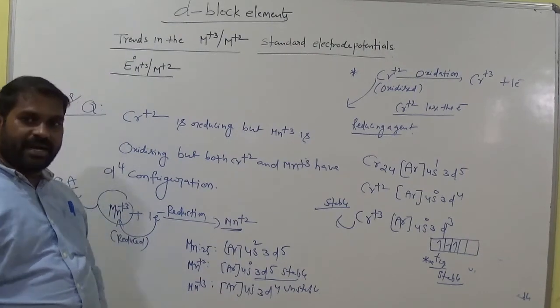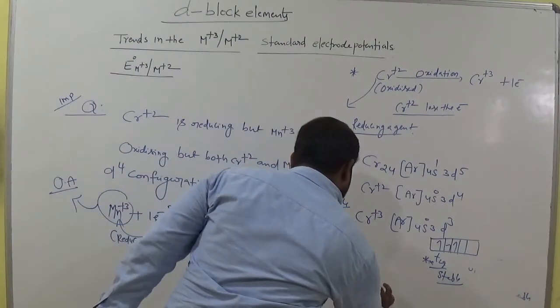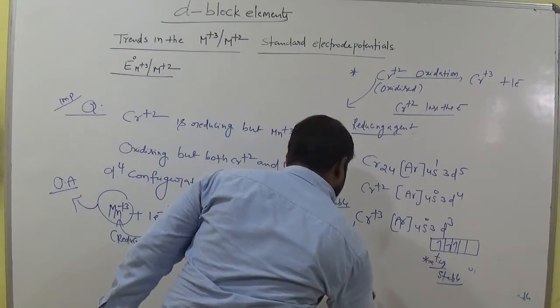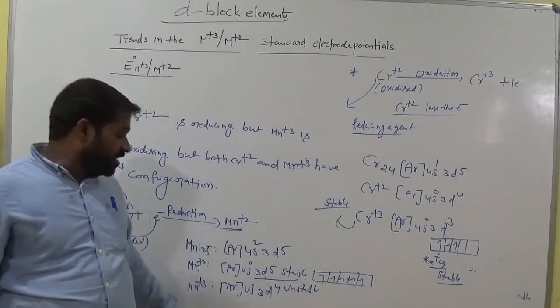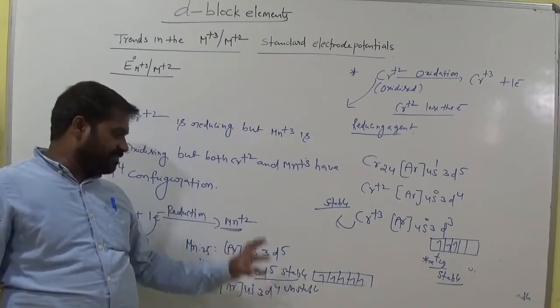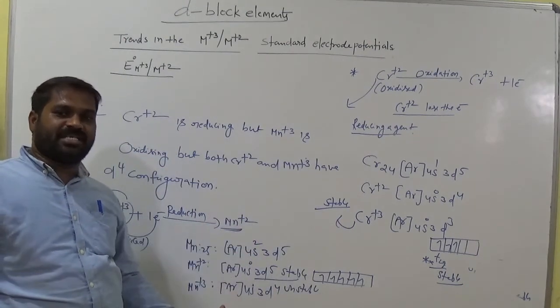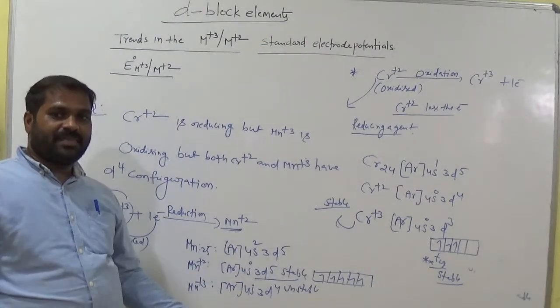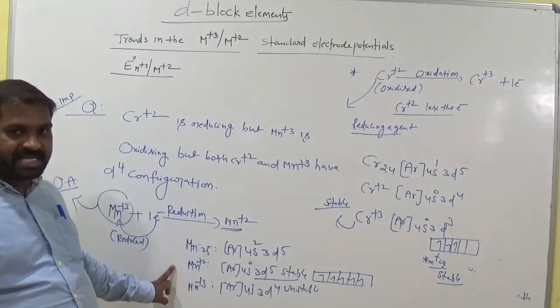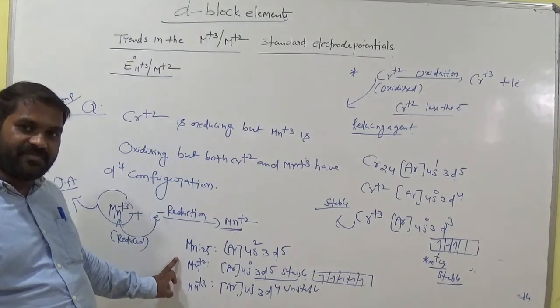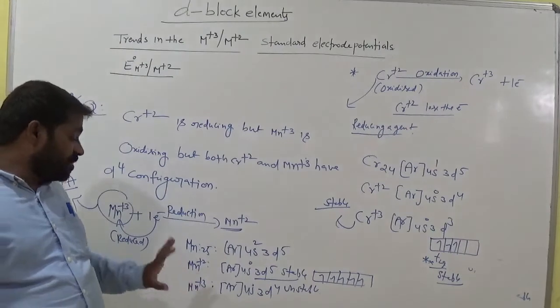Already it is stable, am I right? For getting Mn plus 3, we want to remove the electron from 3d5, but it is stable, so we apply more energy, that is third ionization energy. It is very difficult. Mn plus 1 means first ionization, Mn plus 2 means second ionization, for Mn plus 3, third ionization. So Mn plus 3 is difficult.